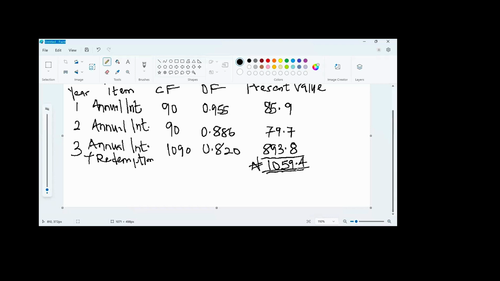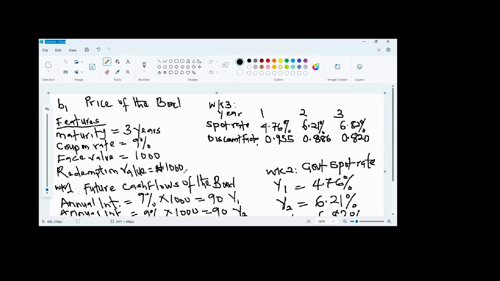Now, this bond is issued at a premium. Now, let's look at the redemption value. Redemption value is at par. That means at the end of 3 years, the value of the bond will be 1,000 naira.